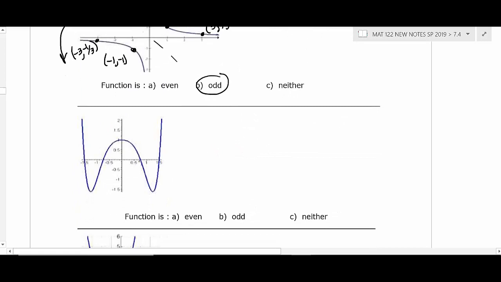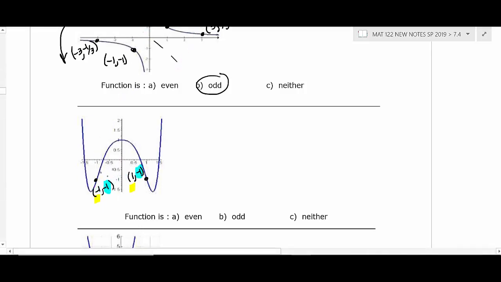example, again, let's look at this. So let's just estimate a couple of points. It's kind of hard to tell on here, but I'm just going to predict maybe a couple. So it looks like that point is the point 1, negative 1. So notice you have a point negative 1, negative 1. So again, what that means is when you have an opposite x, then it means you have the same y.